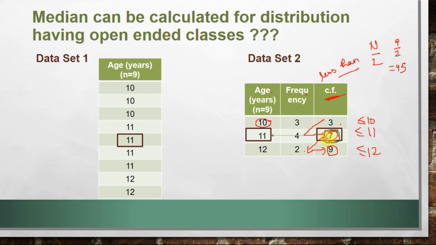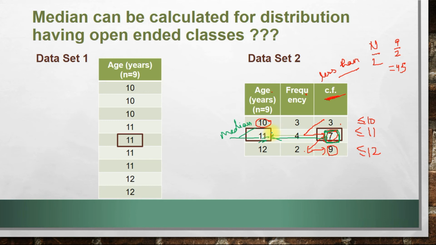In this example, the cumulative frequency just greater than 4.5 is 7. So the value of x corresponding to this cumulative frequency will be the median. The value of x corresponding to 7 is 11. So 11 will be the median in this case.